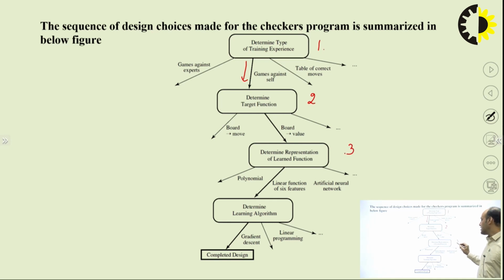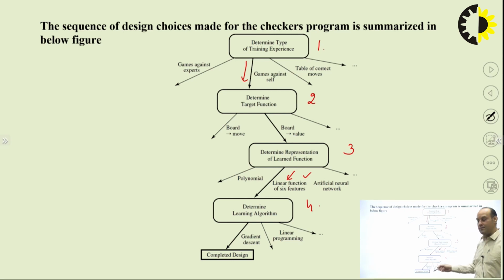Number 3 is we determine the representation of the learned function, and we calculate this value using a linear combination. There are several approaches we can use, but for simplicity of understanding, we are using the linear combination. And number 4 is we determine the learning algorithm.